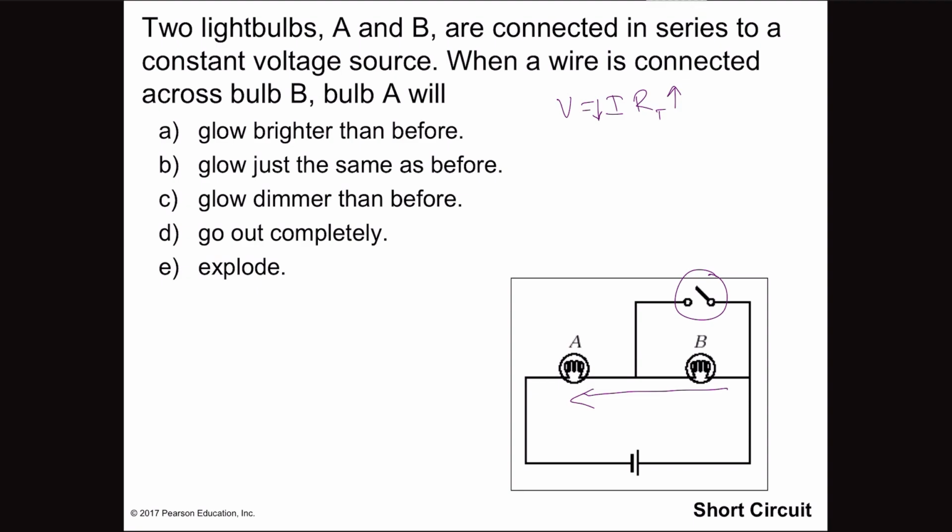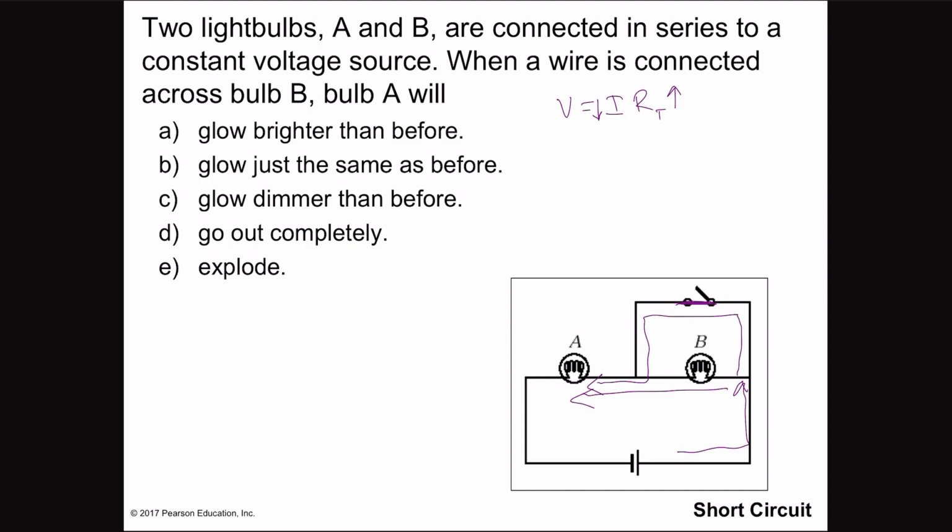If we now go up here and close this circuit, and we think back to the previous example, that means none of the current is going to flow through B. Any of the current that comes out is no longer going to go through B. It's going to come up and go this way. It's going to totally skip B, as though B is not even there now.